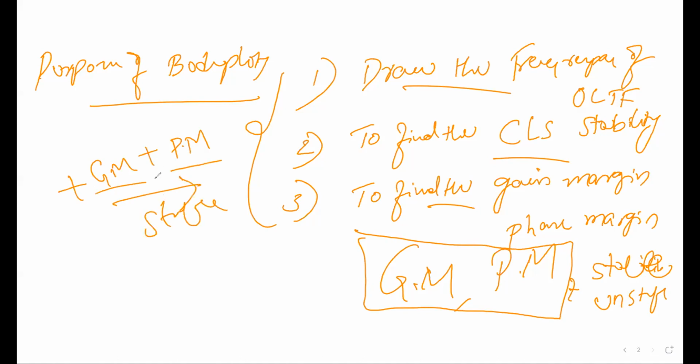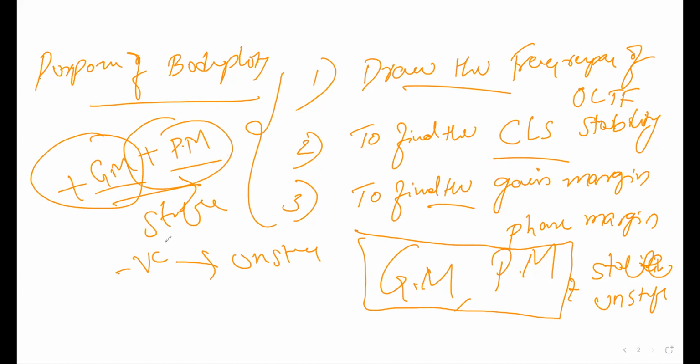If any one of the gain margin or phase margin is negative, the system is unstable. If the gain margin and phase margin are more positive, the system is more stable. If both are more negative, the system is unstable.